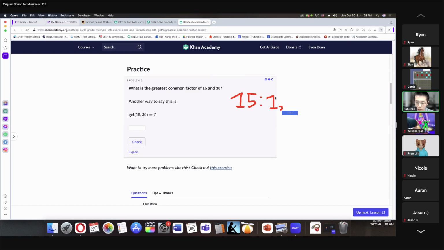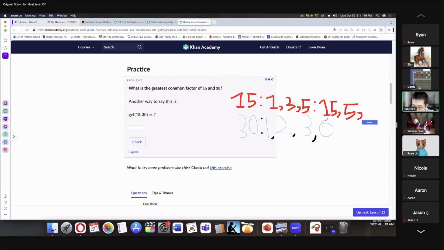Okay, so Aaron is listing the factors. 15 is divisible by 1, it's divisible by 3, it's divisible by 5, good. Okay, Garrus is also starting. We have 30 is divisible by 1, 2, 3.